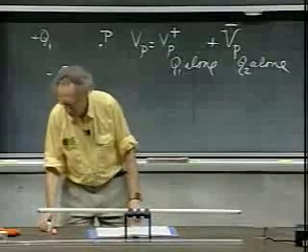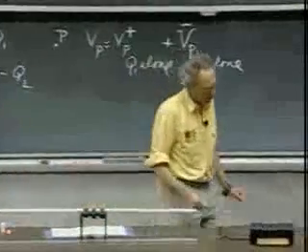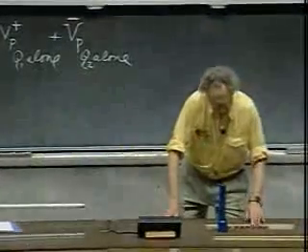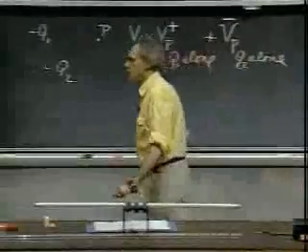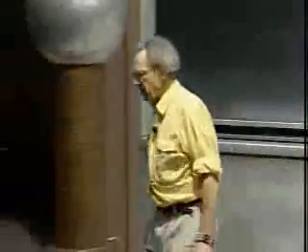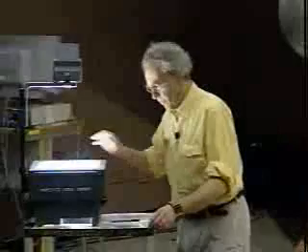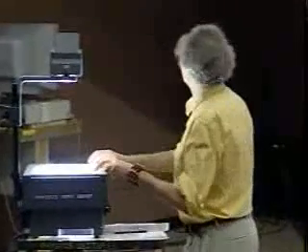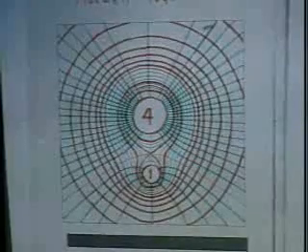But what I want to show you is some work that Maxwell himself did in figuring out these equipotentials. And so I have here a transparency of a publication by Maxwell. You see a charge, let's assume it is +4 and +1. It could be -4 and -1, but let's assume they are plus.